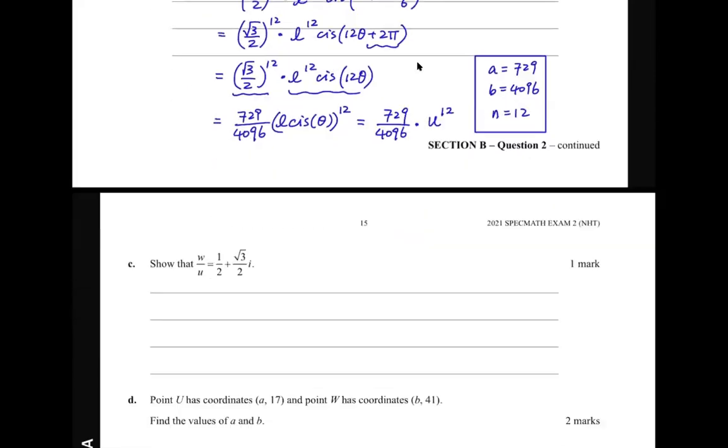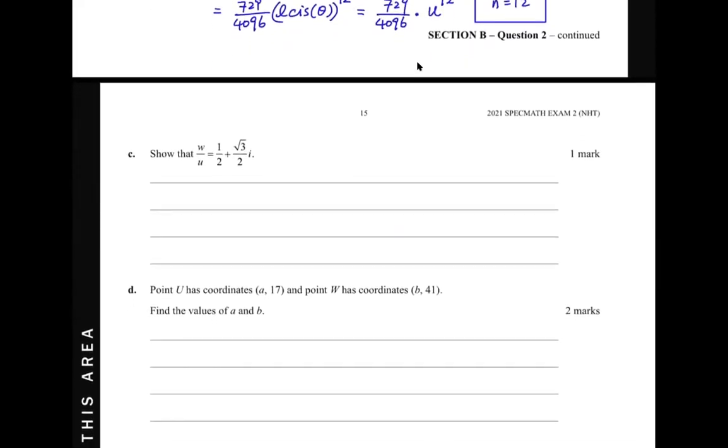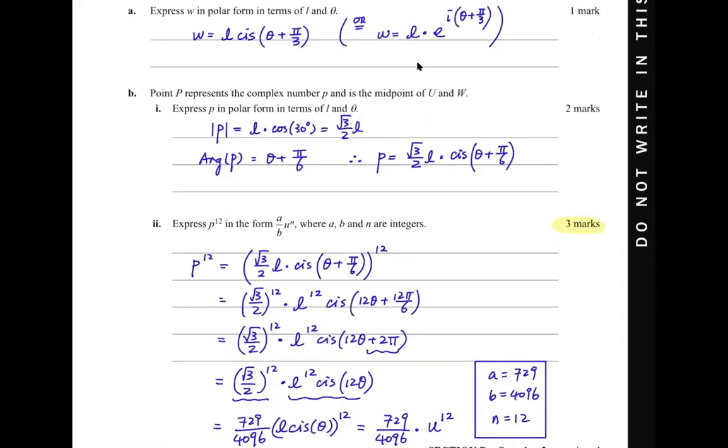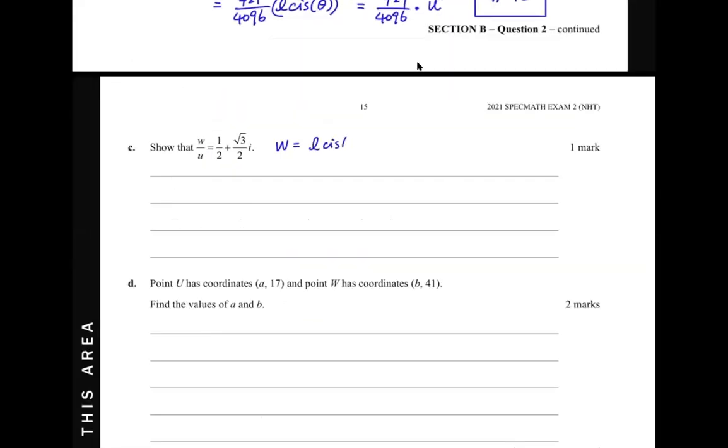All right, show that w over u is half plus root 3 on 2 i. Let's have a look. w is r cis(θ + π/3). u is r cis θ. So w over u is r cis(θ + π/3) divided by r cis θ.